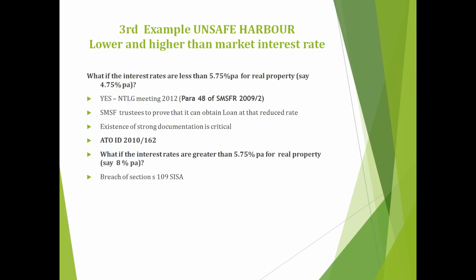Yes, a lower than market interest rate or the absence of a requirement to pay interest on money loaned to the trustees by a related party will not prevent the arrangements from being a borrowing for the purposes of Section 67A of the SIS Act. The ATO recognizes that while the obligation to pay interest may evidence the existence of a borrowing of money, it is not a necessary feature of such a borrowing.